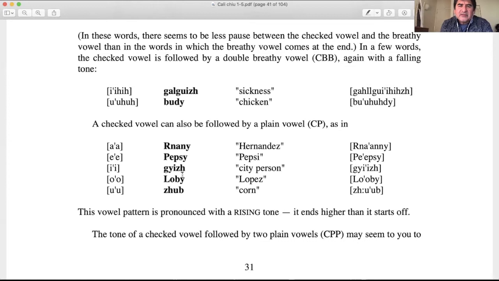And the other word is soda, Pepsi, right? So we say Pepsi. On the pronunciation guide, you see the letter, the stop, and then the plain A, like on the left just the vowels, and on the right how the whole word is pronounced. So a city person, we say Gish.